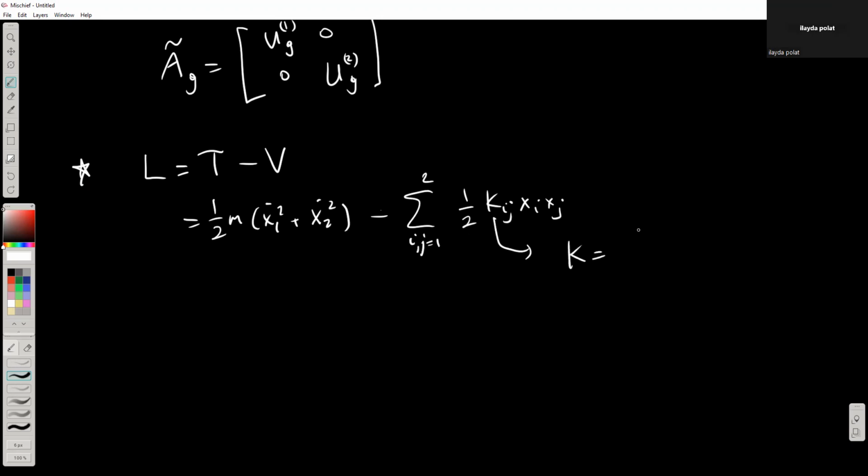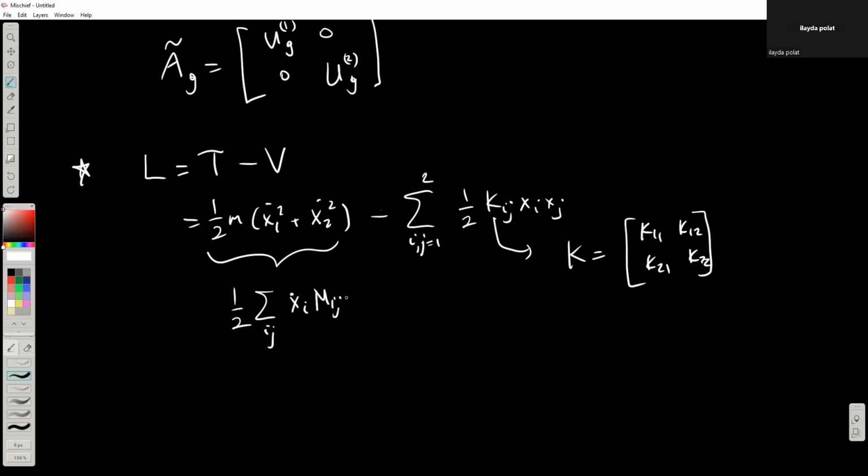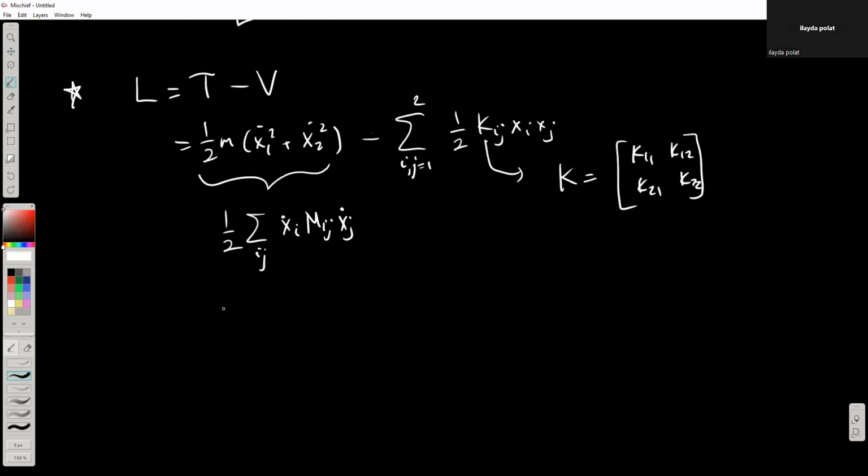So I can think of these coefficients as elements of a 2 by 2 matrix. I can also consider the first term like that. So in general, this is again a sum over i and j, x_i dot M_ij x_j dot, where M here is a 2 by 2 matrix again.